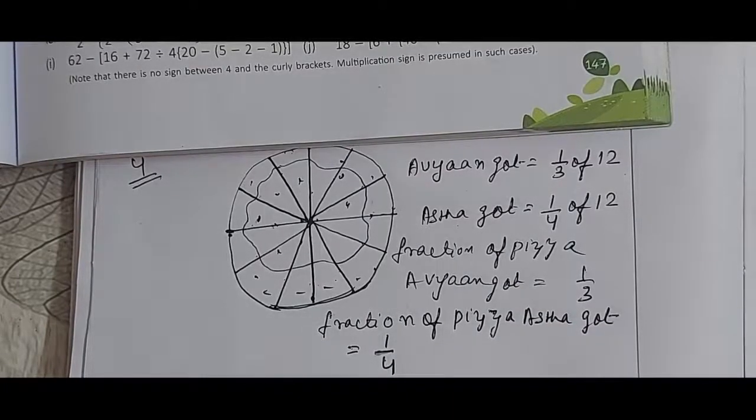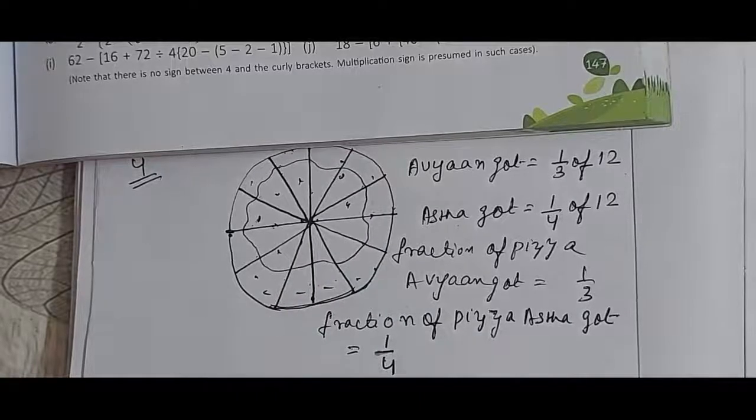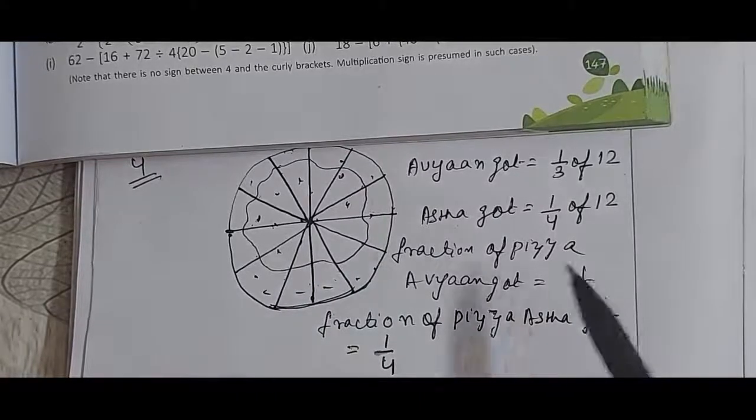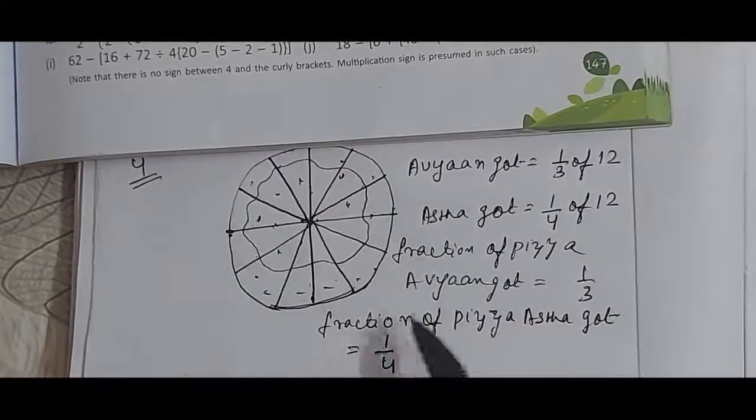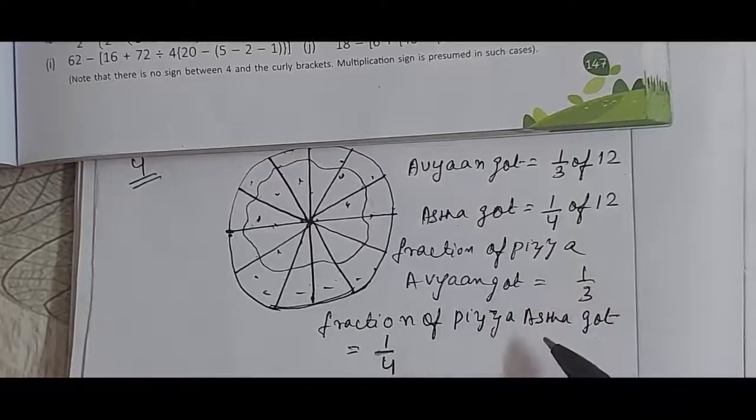The question is very clear. What fraction of the pizza is left with her if it had 12 spokes? So already you can see we have made the 12 spokes here. So left with her means, the total, if I tell, it is 1 pizza. So 1 minus the sum of these two.